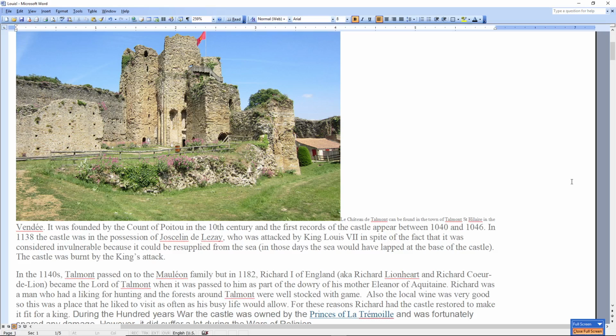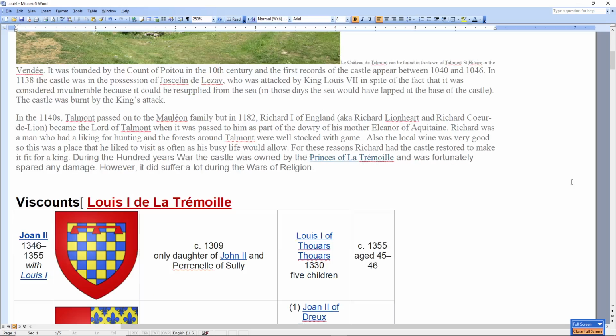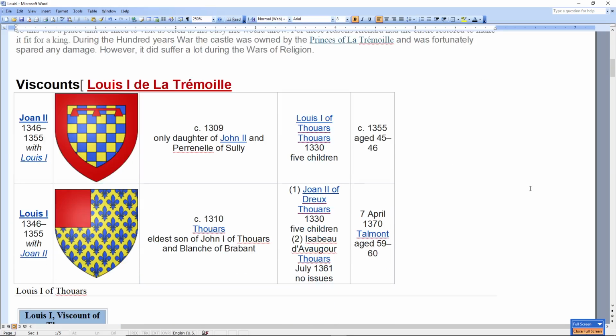He had access to it. He probably lived there, maybe. I don't know. But here's the little information about him. He had 5 children, and 2 of his sons died before he died. One of them died pretty early.